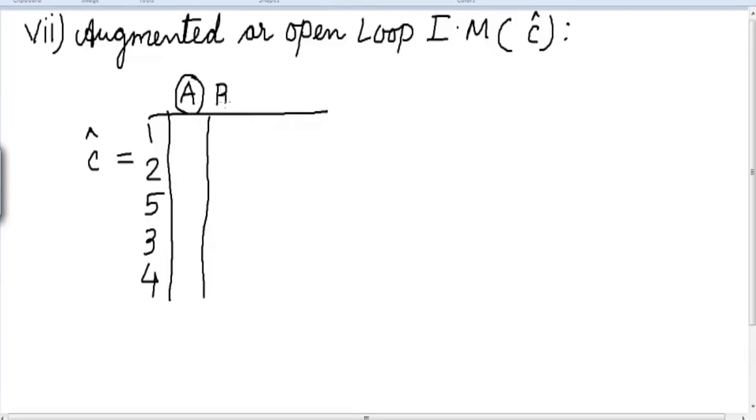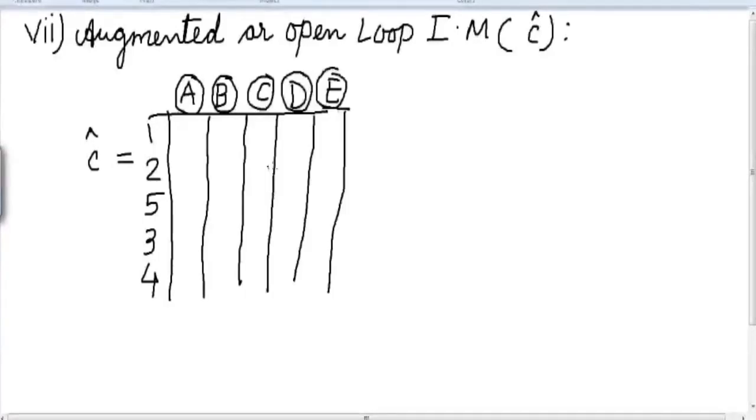So here, before D and E, we have to insert A, B and C for the respective branches, and then D and E, which you have already calculated. For A, B and C, we know the procedure. We have seen it in the previous lecture, so that we will fill.